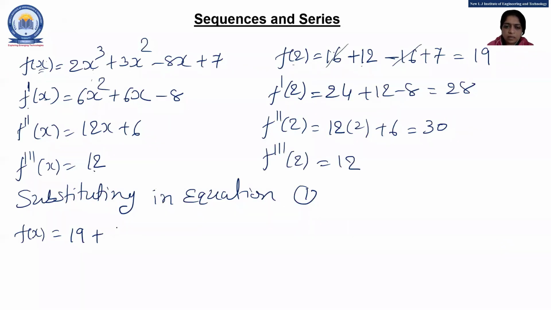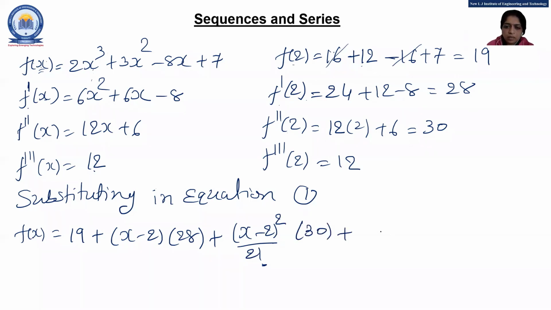So I am writing here x minus 2 into f dash 2, that is 28, plus x minus 2 whole square upon 2 factorial into f double dash 2, that is 30, plus x minus 2 whole cube by 3 factorial into f triple dash 2 is 12, and up to so on.